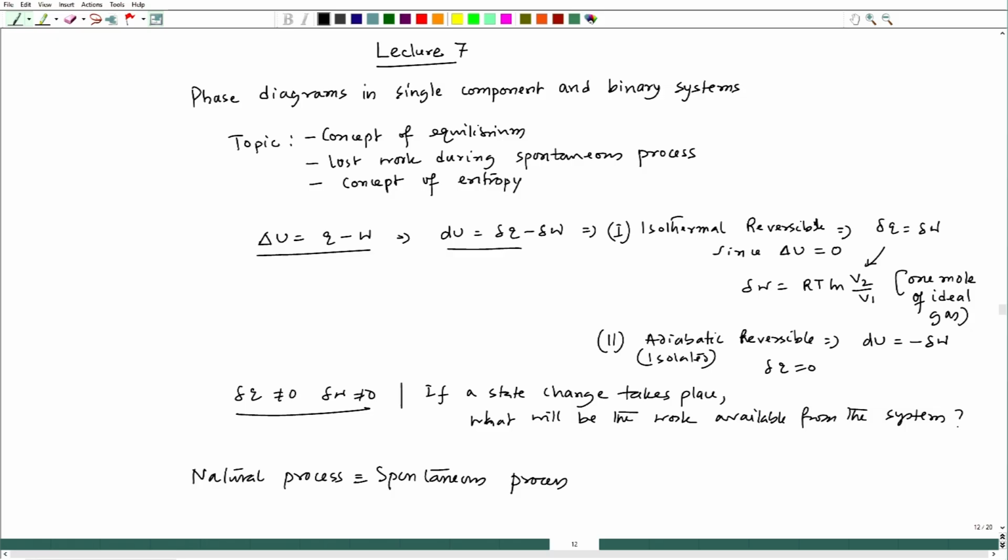In those cases, if a system is left to itself under changing variables, then the system is actually under non-equilibrium. Why? Because we have defined our equilibrium concept as: if the system is left to itself under unchanging defining variables, the system would remain in that condition and it would not change.